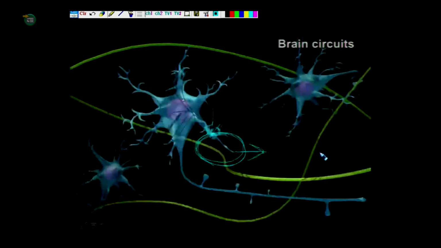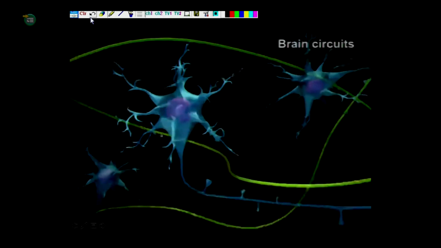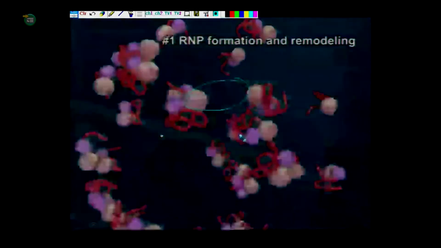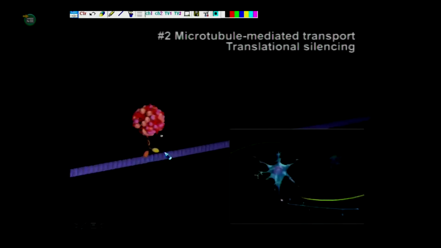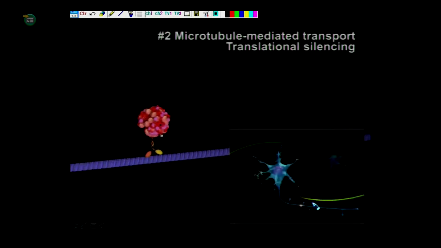So where do I want to study these RNA molecules? As I've just shown you, synapses are very important for memory formation and also for cognitive function. So I wanted to study the RNA molecules that come off the chromosome, get recognized by proteins, and form these large granules. These granules get transported by kinesin motor proteins along the microtubule into the very distal sites of the neurons.